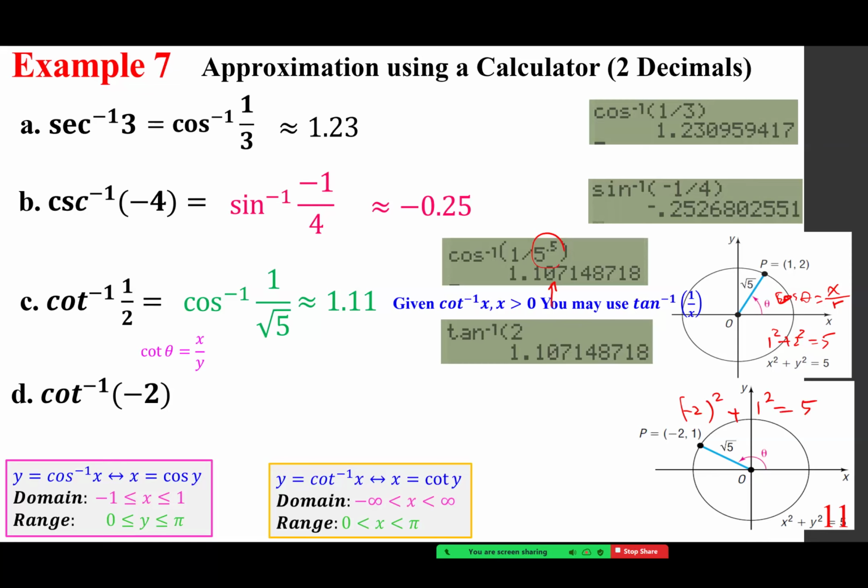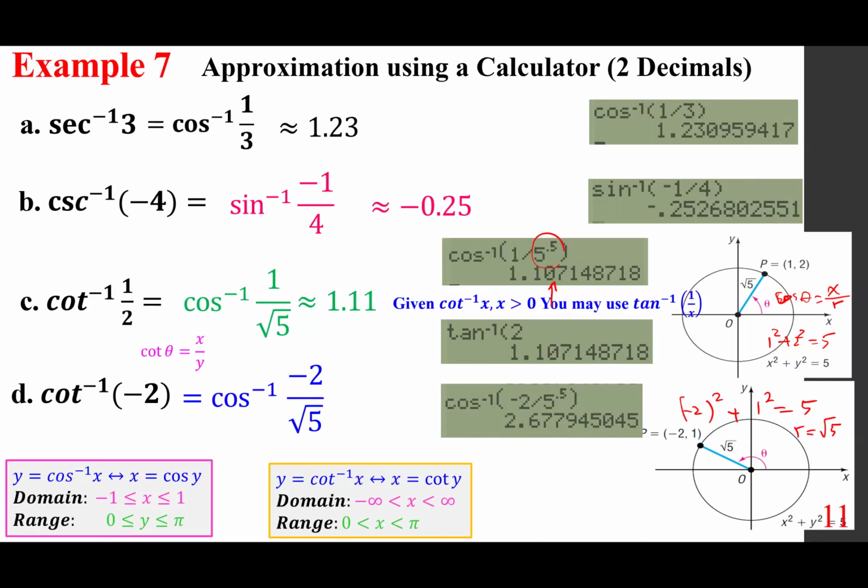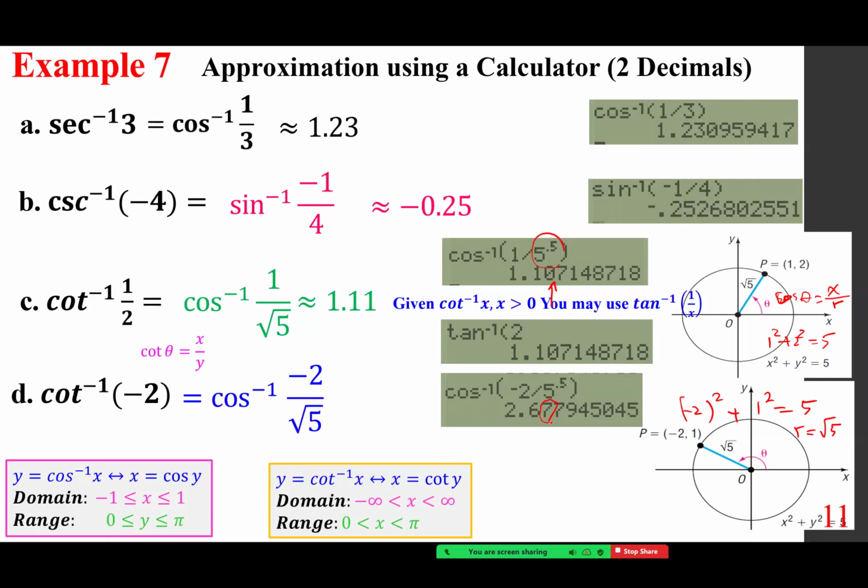So r is square root of 5. So cosine is x over r, negative 2 over square root of 5. Put that into a calculator. With 2 decimals, we are interested in this one, and it's going to go up because next to it is 7, so 2.68.